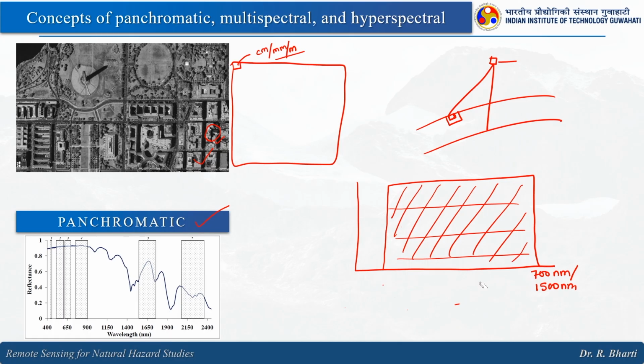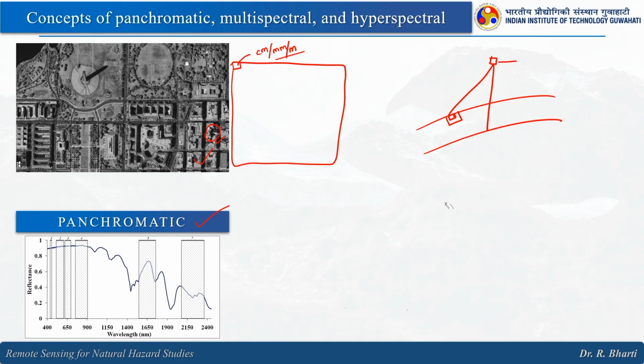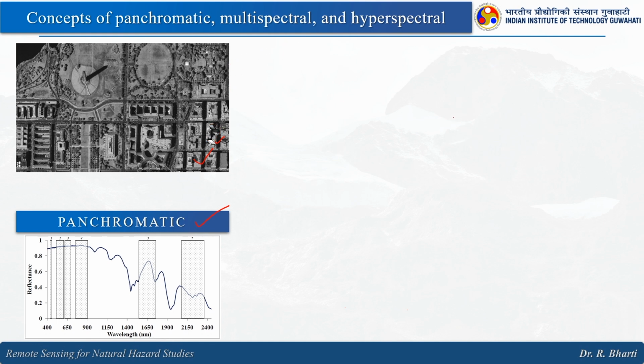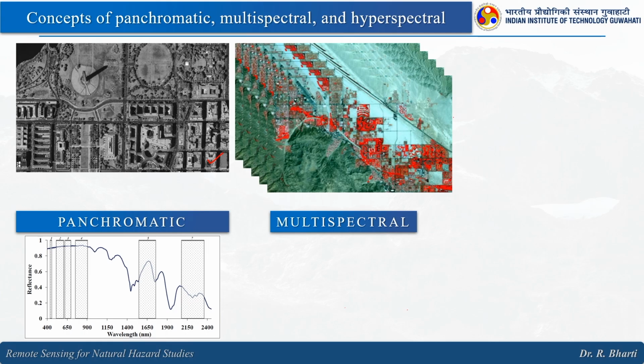So, this is called panchromatic, and remember one thing, that when we are talking about panchromatic images, these images are single band images. They do not have multiple bands or multiple images captured in the same wavelength, right. So, this is a single band image which has high or fine spatial resolution, and it will have more object information. When we talk about multispectral remote sensing, here this is the example of multispectral.